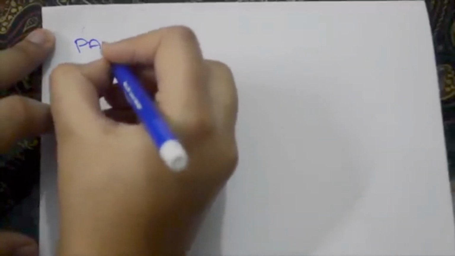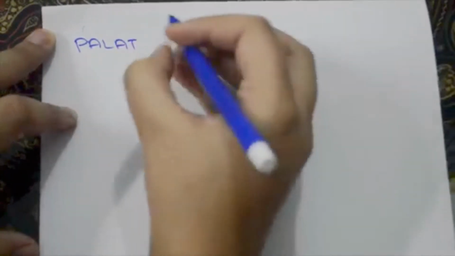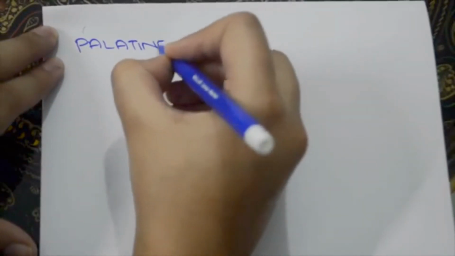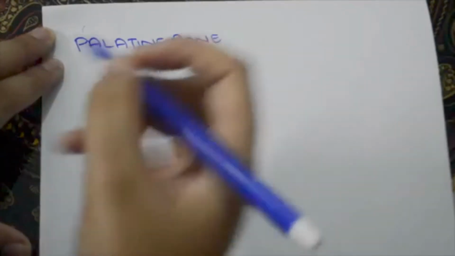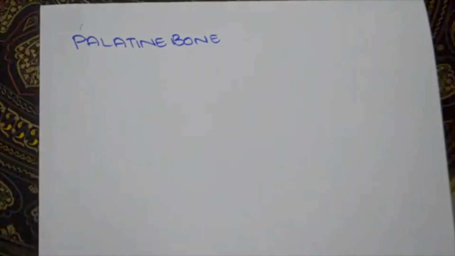Most of us do not have a clear concept of the bone that we are going to do now. It is the one and only palatine bone. For me, I just knew for the first chapter that it was a bone in the mouth that forms the roof of the oral cavity.